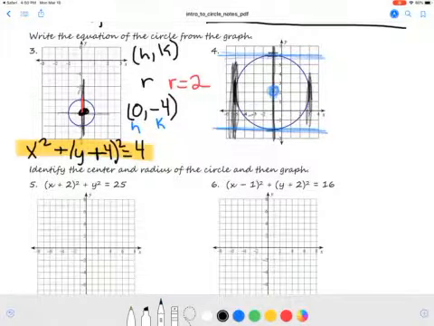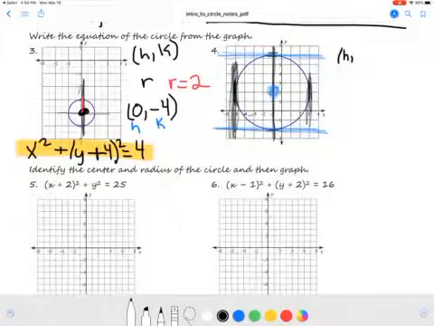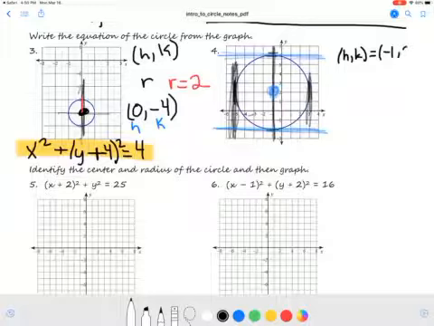So my center as a whole, my h comma k, is going to be -1 in the x direction and 2 in the y direction.